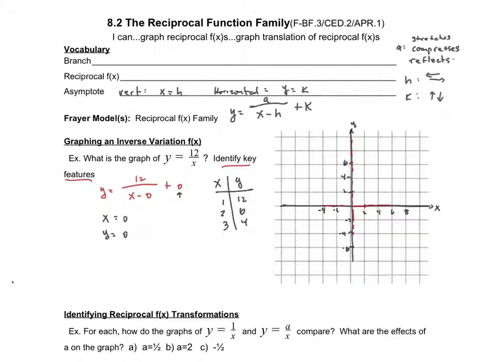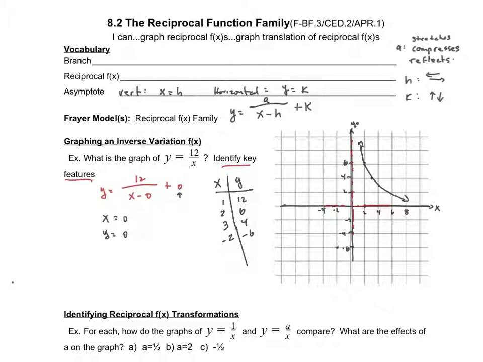Let's graph it and see what happens. When x is 1, y is 12. When x is 2, y is 6. When x is 3, y is 4. When x is 4, y is going to be 3. And then when x is negative 2, y is going to be negative 6.